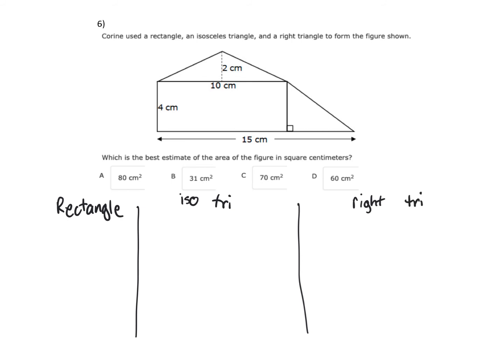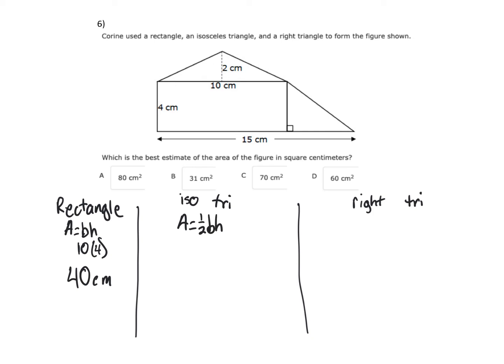So first, the rectangle. The formula for area is area equals base times height. So the base of this rectangle is 10. The height is 4. So you do 10 times 4 to get 40 square centimeters. Now for the isosceles triangle, which is the top one, the area is still 1/2 base times height.